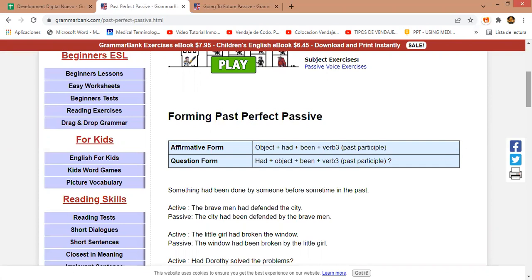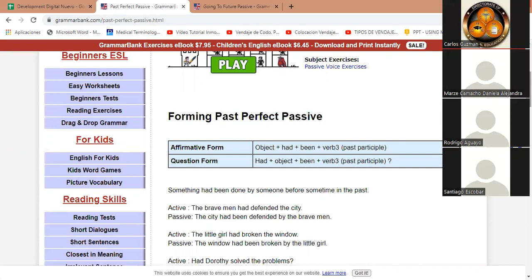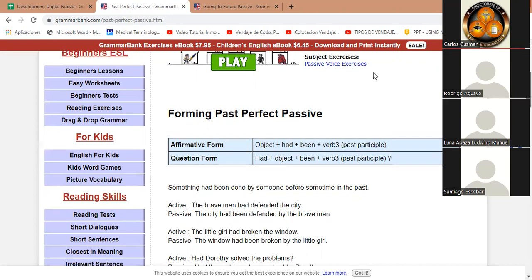Object plus had been plus the verb in the past participle, right? And for the question, had goes before the object. So it's had I been, had they been, had you been, had she been, right? So had plus object plus been and the verb in the past participle form. Pretty easy, just remember how to use the past perfect, had plus been, and then the verb, and that's the only thing that changes. The verb has got to be in the past participle.